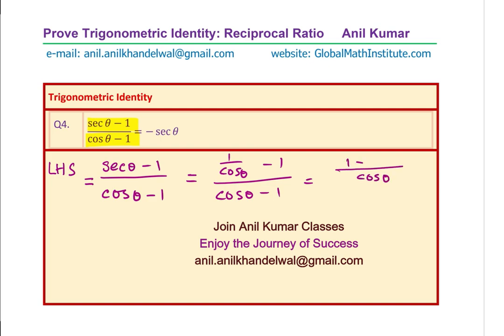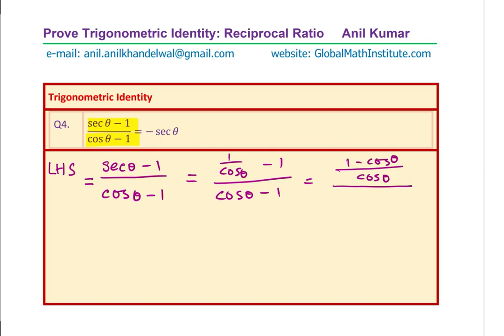Cos theta, 1 minus cos theta over cos theta minus 1. So you see, we have 1 minus cos theta and cos theta minus 1. So we can flip, right? So we can write this as 1 minus cos theta over cos theta. And the other expression here could be written as, we can take minus common, right?